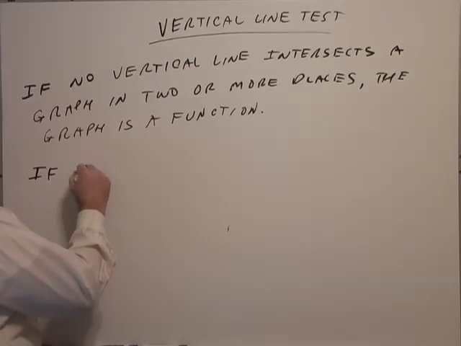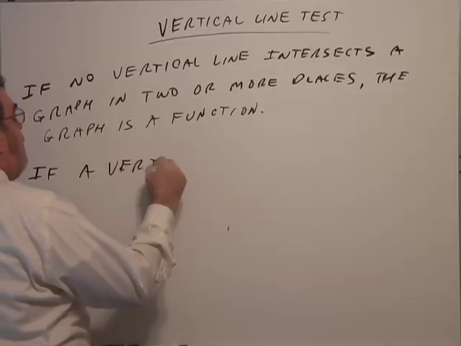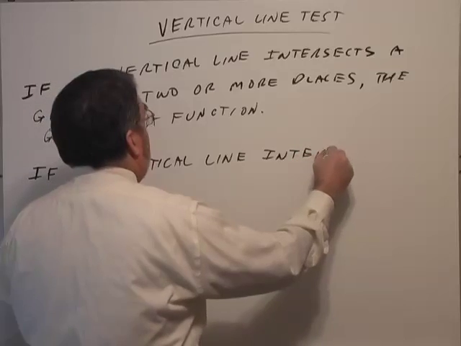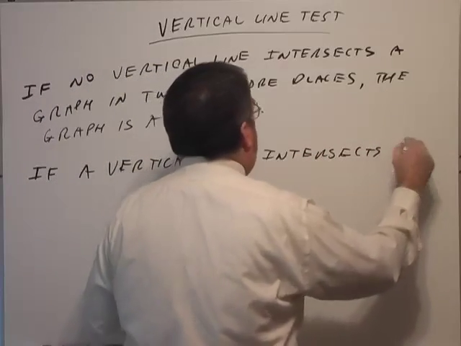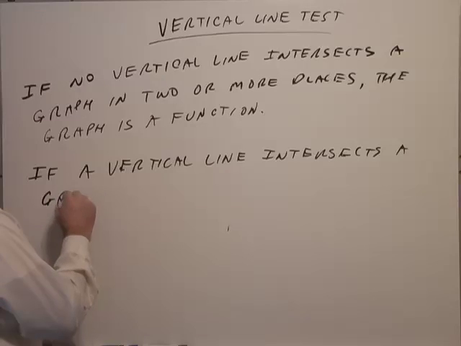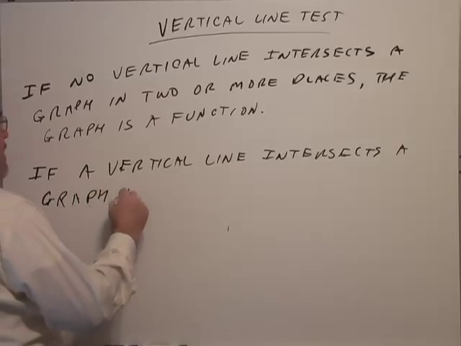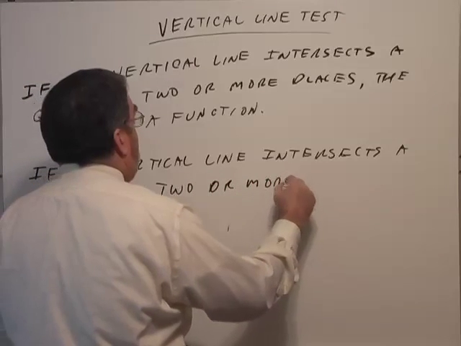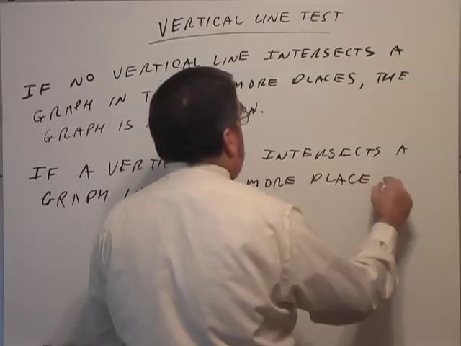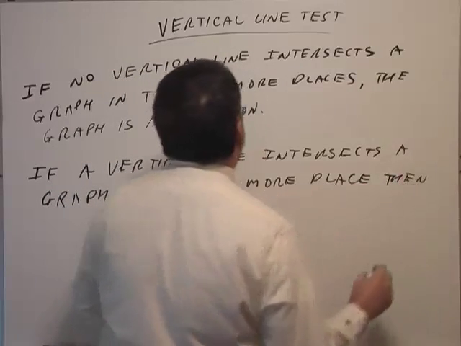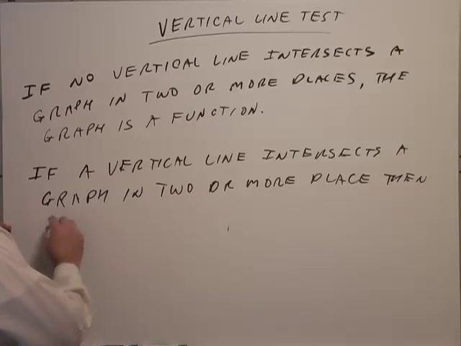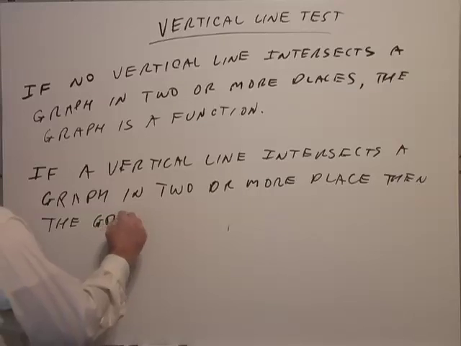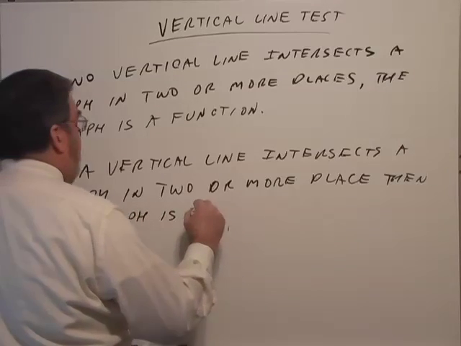If a vertical line intersects a graph in two or more places, then it's not a function. Then the graph is not a function.